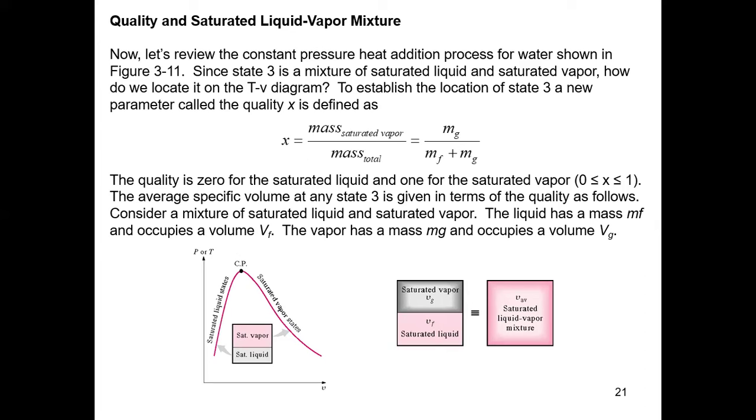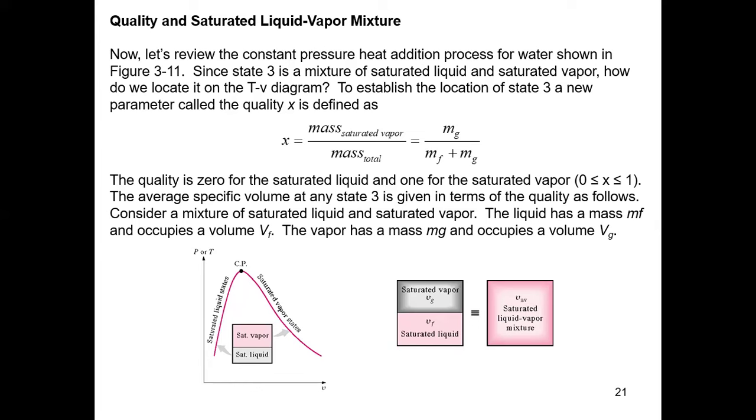Now let's review the constant pressure heat addition process for water shown in figure 3-11. Since state 3 is a mixture of saturated liquid and saturated vapor, how do we locate it on the T-v diagram? To establish the location of state 3, a new parameter called the quality x is defined as x is the mass of saturated vapor divided by the total mass, or mg divided by mf plus mg.